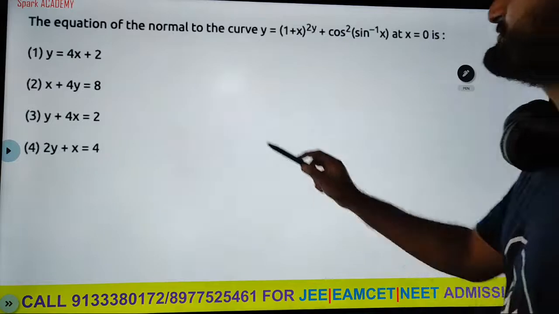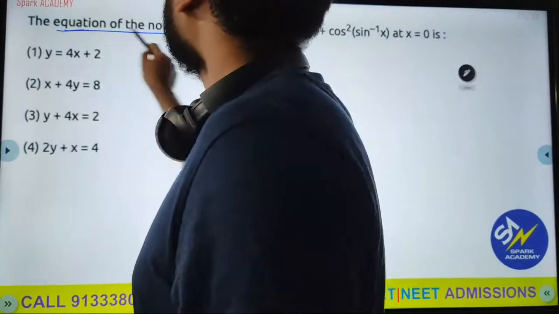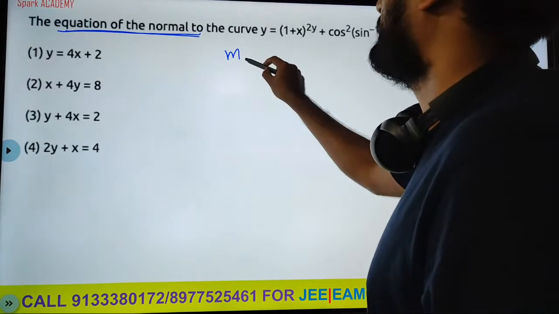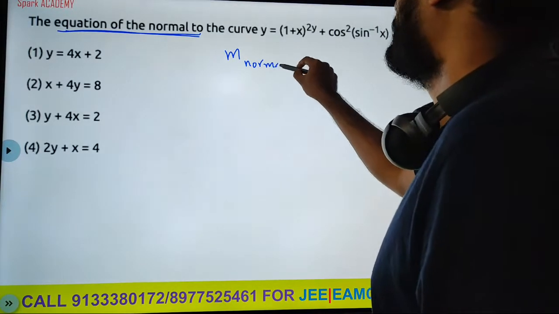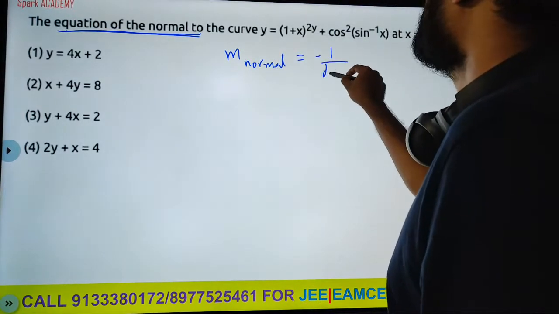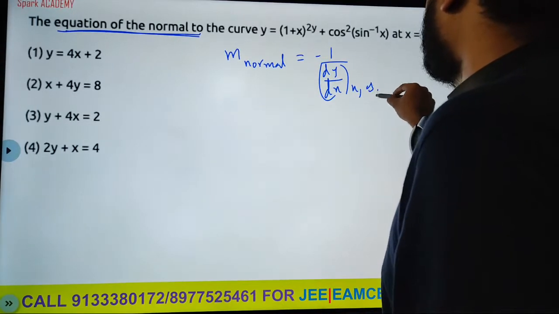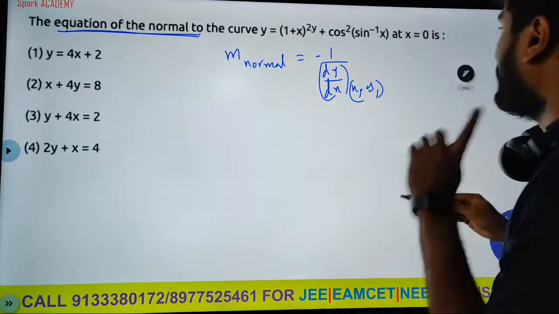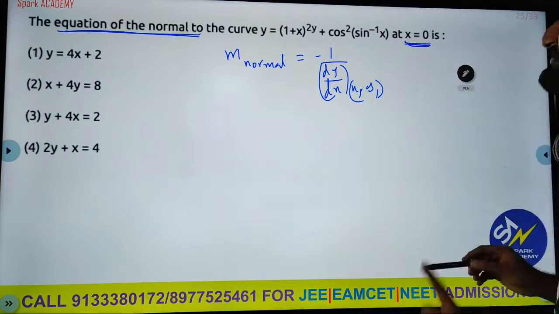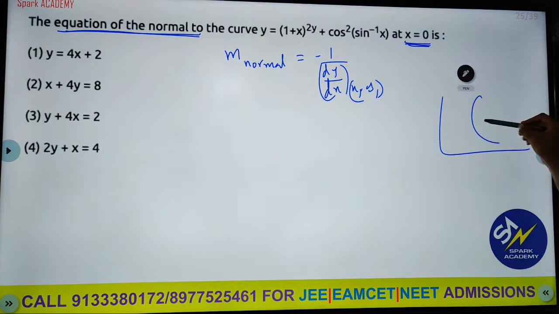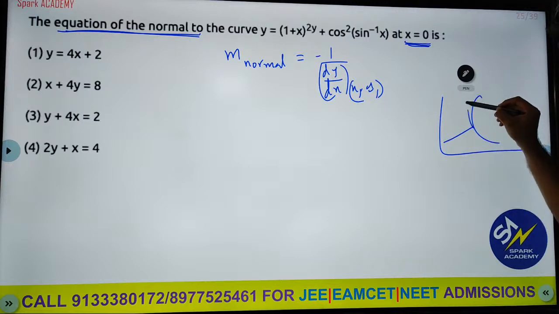Now what about this? The equation of the normal. First let us check the slope of the normal. Slope of the normal is minus 1 by dy by dx at the point x1 comma y1. Now what is given? At x equal to 0, they said. So there is a curve like this, and there is a normal, not tangent here, normal.